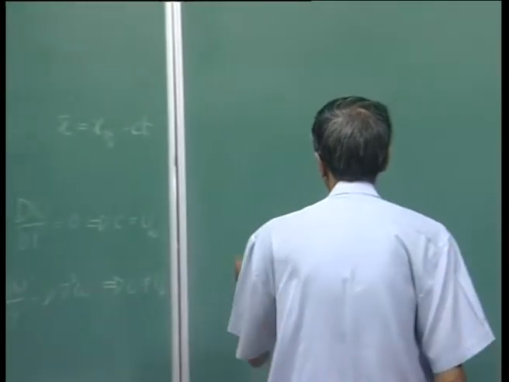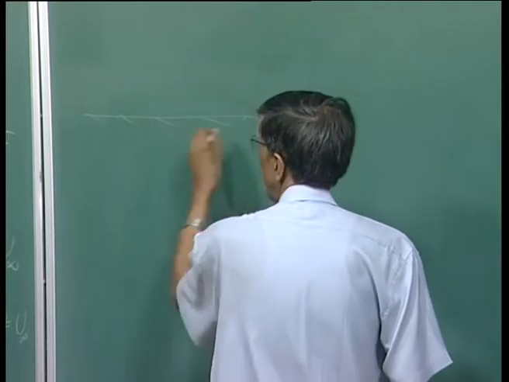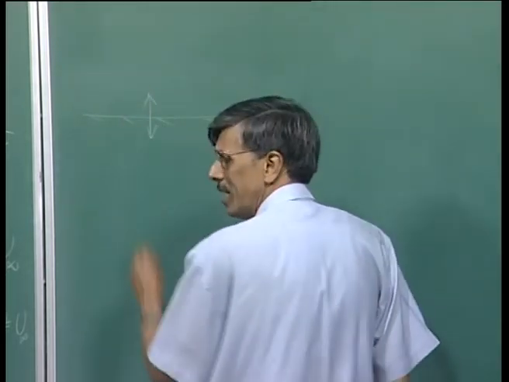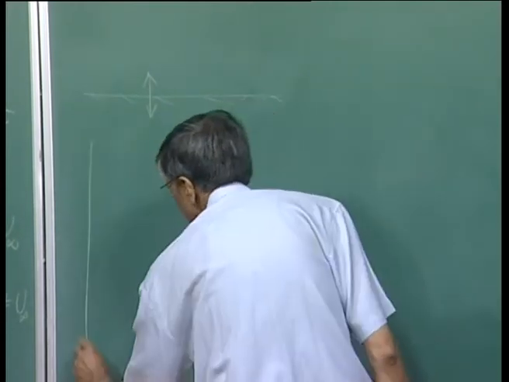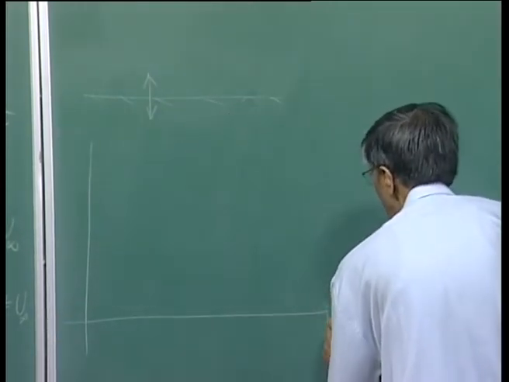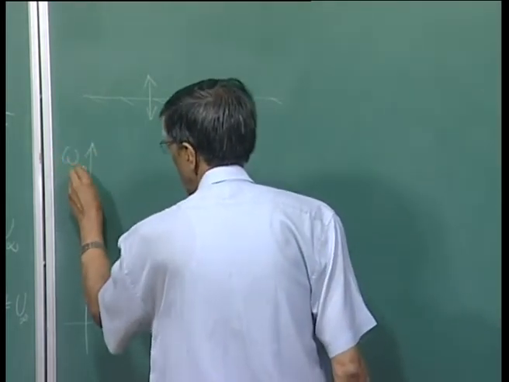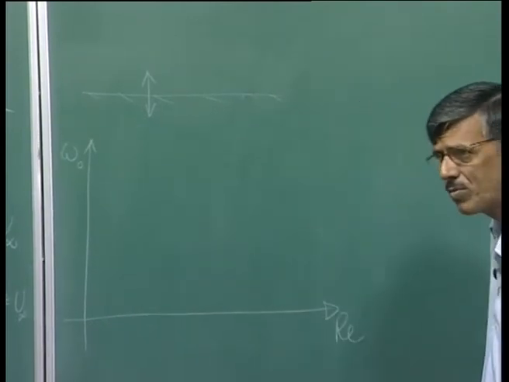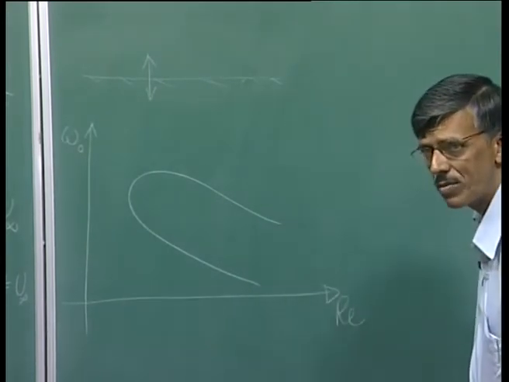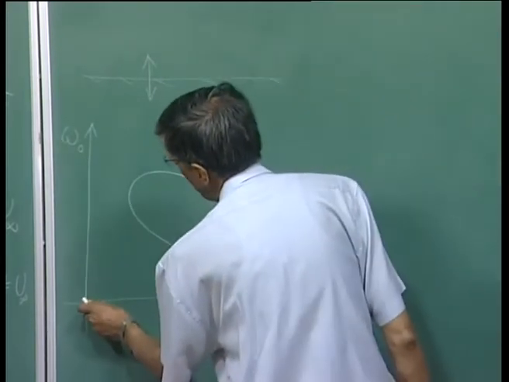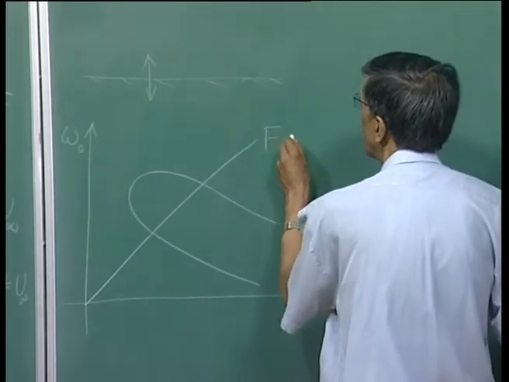Remember, in the earlier case when we talked about the Schubauer-Skramstad experiment, we created a wall excitation corresponding to a fixed frequency, right? And then we plotted the neutral curve in the Re, omega naught plane for the signal problem, and we found the neutral curve like this, and the constant frequency disturbances were tracked by rays going like this. So this was your capital F equal to constant.